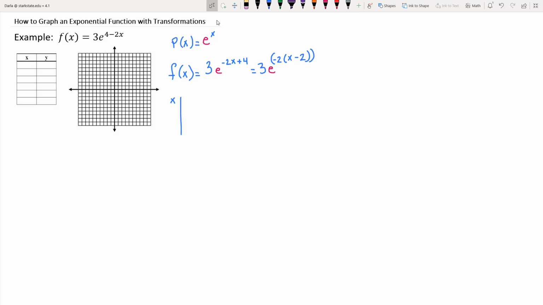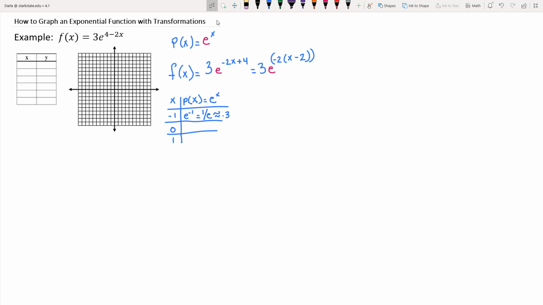And so to start off, if we were going to graph our parent function, so x and our p of x, which again our p of x is e to the x, we'd see that when we pick our x values, negative 1, 0, and 1, e raised to the negative 1 is just going to end up being the reciprocal of e, which we know to be approximately 0.37.